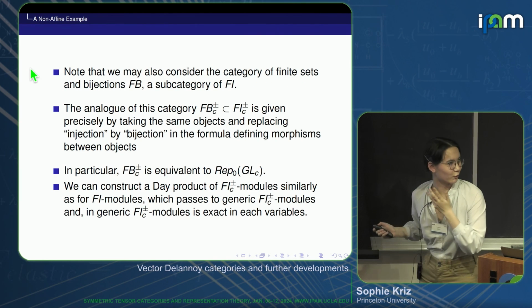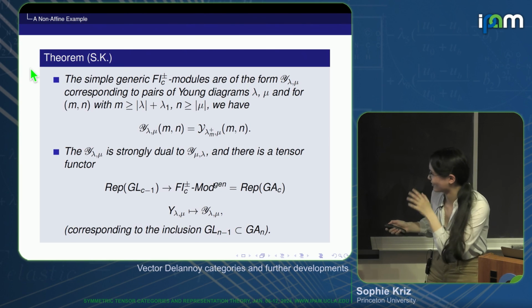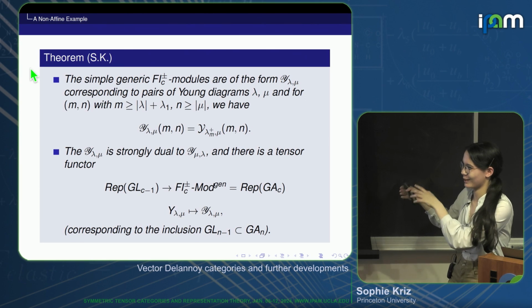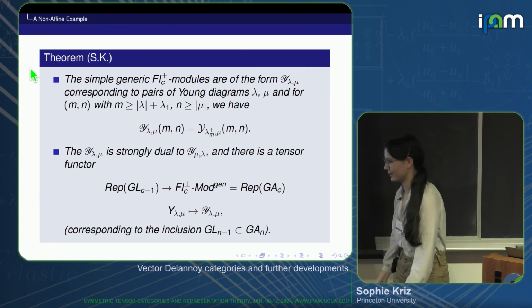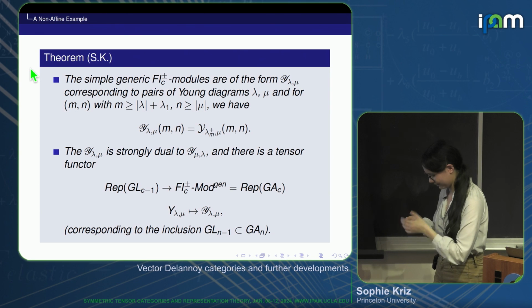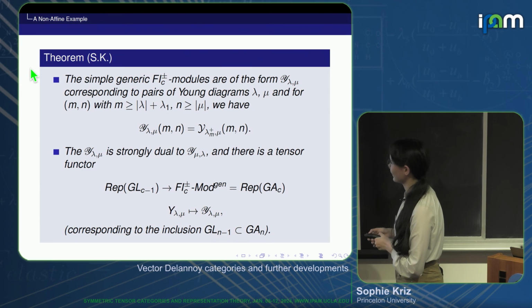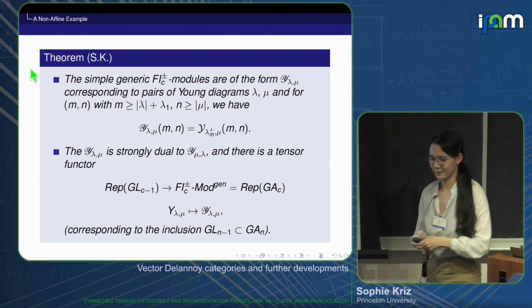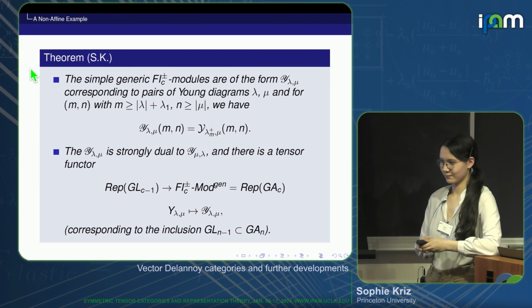But since I don't have time for it, there's some description of the simple objects, which I think is really elegant because it has to do with other work by Andrew Snowden, who calculated the simple objects with Steve and Sam for FI-modules. Yes, but FI-modules is about equivalent to sheaves on the symmetric algebra of V under GL_V.